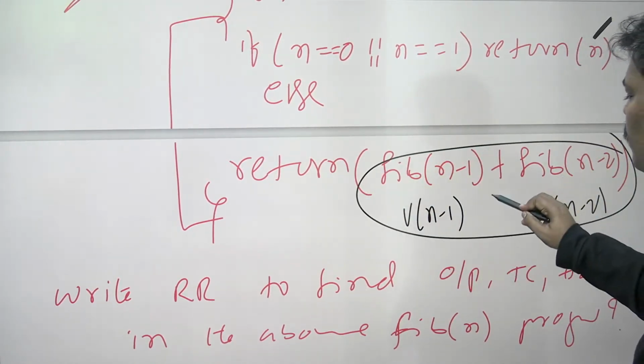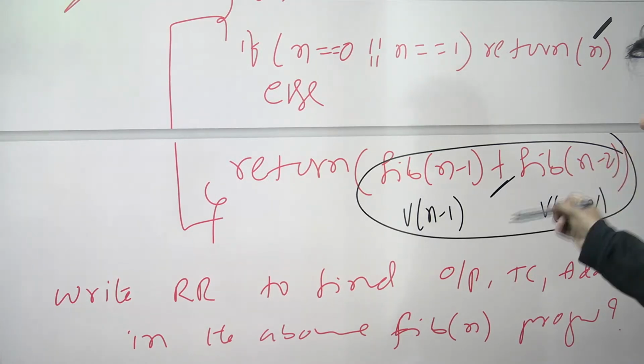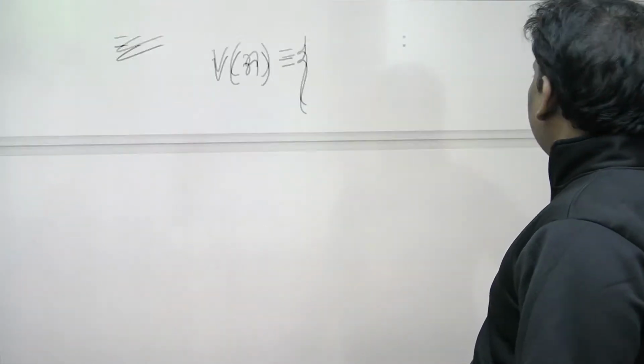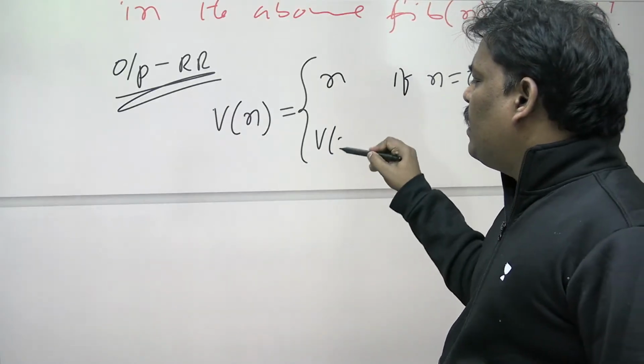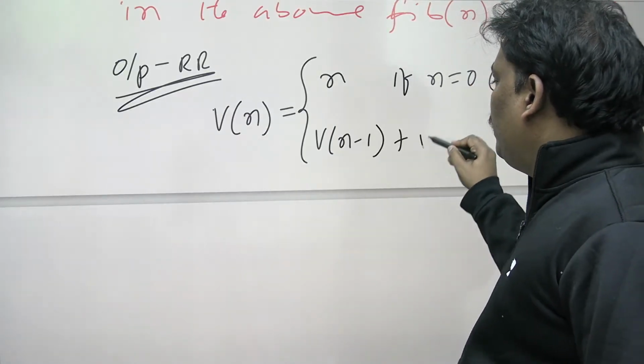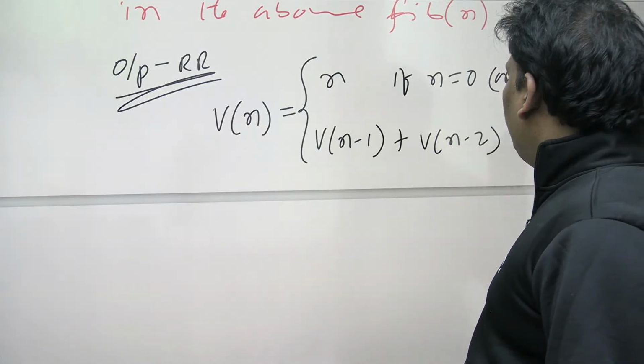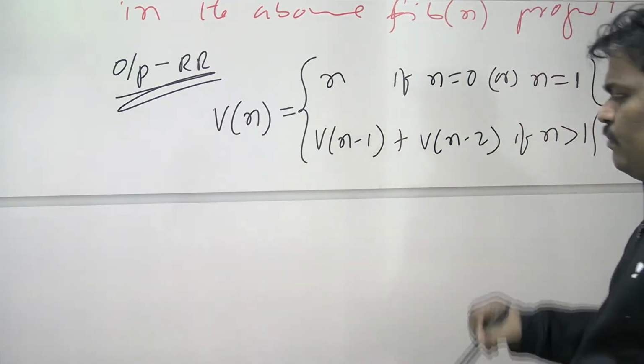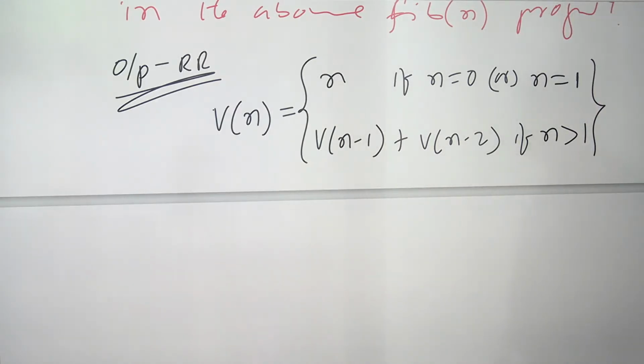Plus there plus, minus there minus. So the answer becomes, for the else part, V of n minus 1 plus V of n minus 2, if n is greater than 1. Else means n is greater than 1; n 0 or 1 is the if condition.